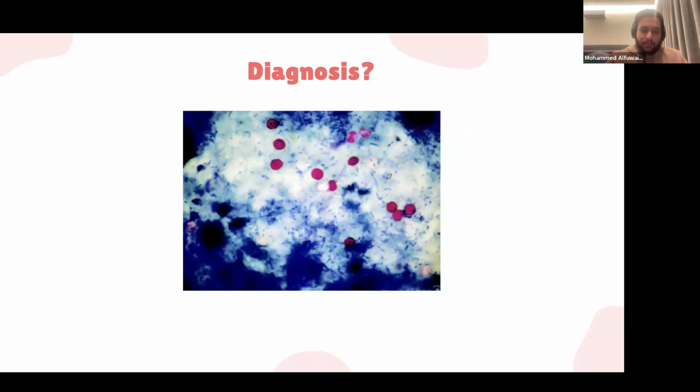Now you have this patient. What do they have just by the image? Okay, good. This is Cryptosporidia. Okay. So Cryptosporidia, what demographic of patients will present with Cryptosporidia usually?